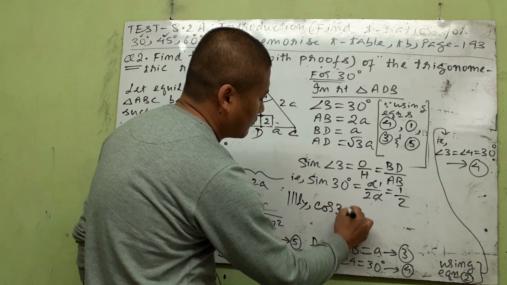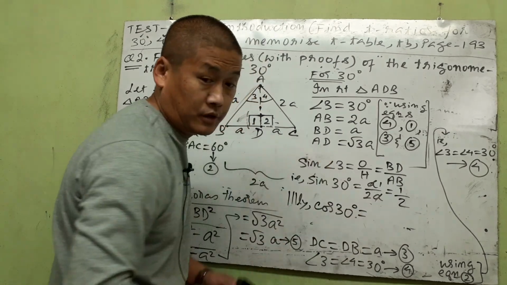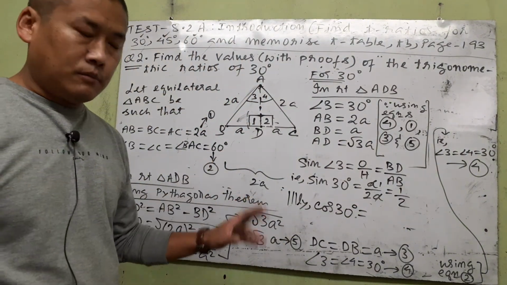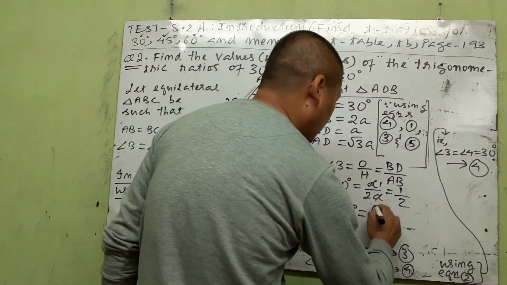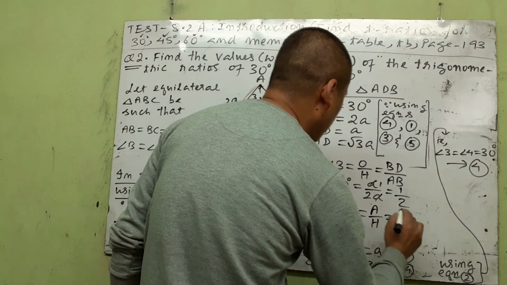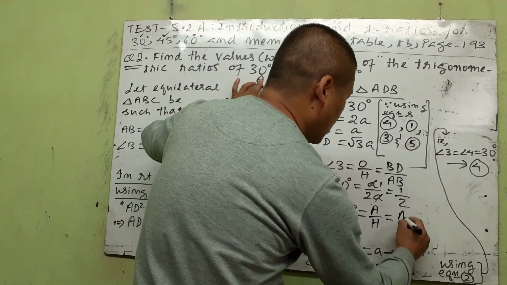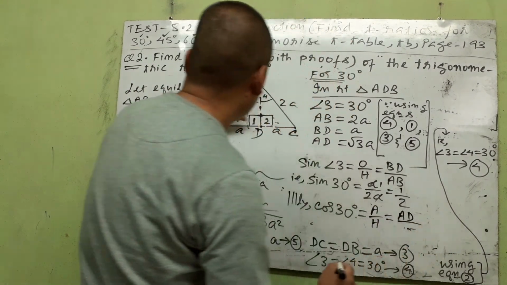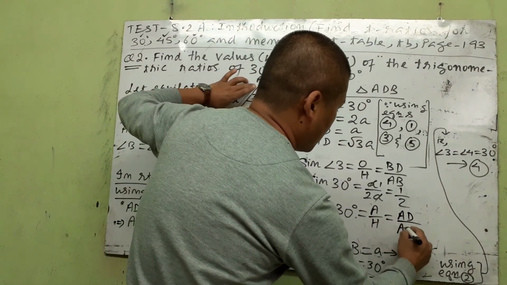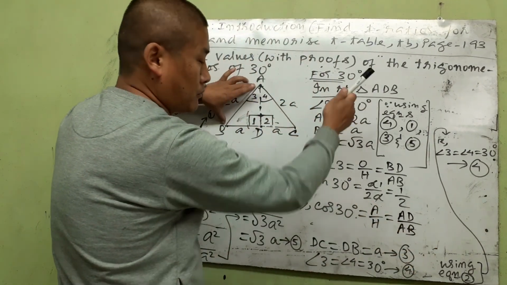Cos 30 degree, now we'll do directly. For 30 degree, the angle 3 here, cos is adjacent by hypotenuse. Adjacent by hypotenuse means for 30 degrees here, the adjacent side is AD, by hypotenuse AB. We're using triangle ADB, that's why.